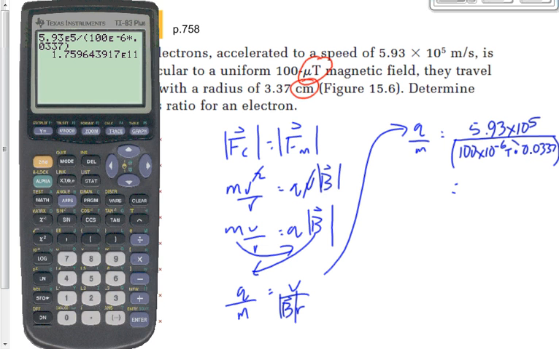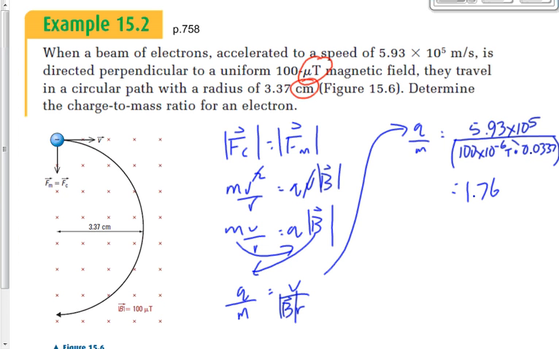1.76 times 10 to the 11, which is the same number as I gave you when we did the lecture on cathode ray tube, right? This is what Thompson found the charge to mass ratio to be. It was such a big number that it had to be a subatomic particle. 1.76 times 10 to the 11 coulombs per kilogram.